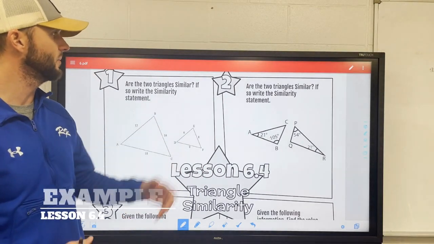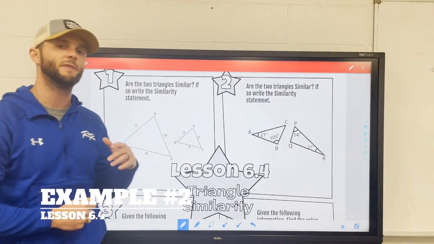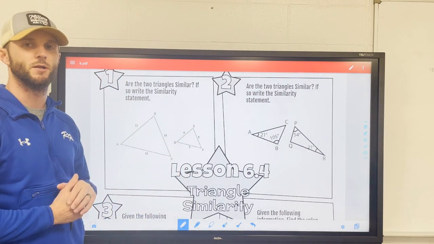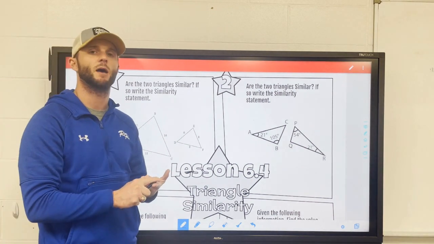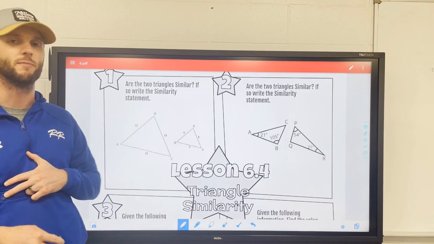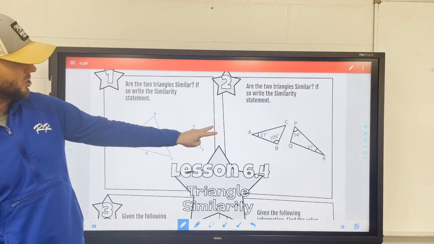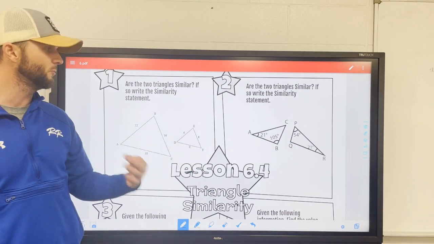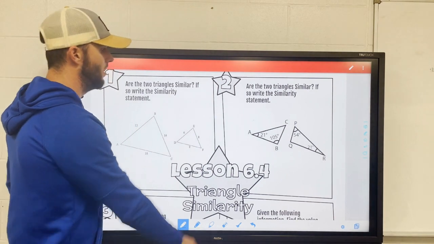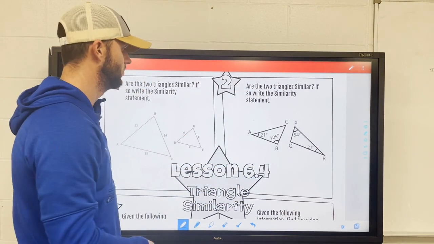Okay, so looking at example number 2, it says, are the two triangles similar? If so, we need to write the similarity statement. Well, if I look, I don't have any sides that are congruent, so that means I can't use side angle side, I can't use side side side, but I do have some angle measurements. So right now in this first triangle, I'm given 2 angles, but I know all 3 angles of a triangle add up to 180.